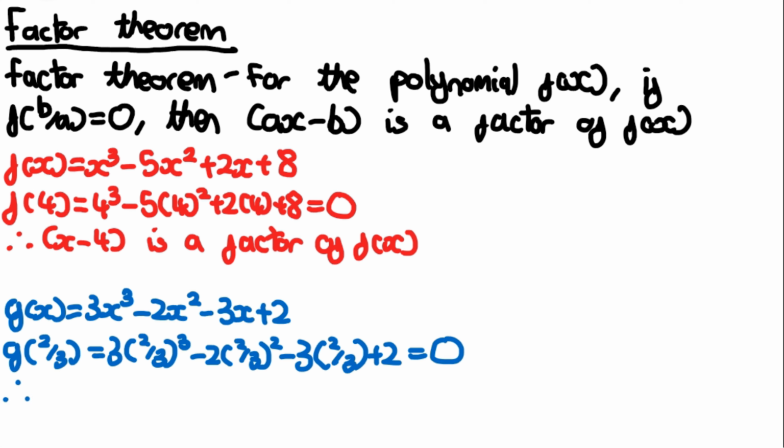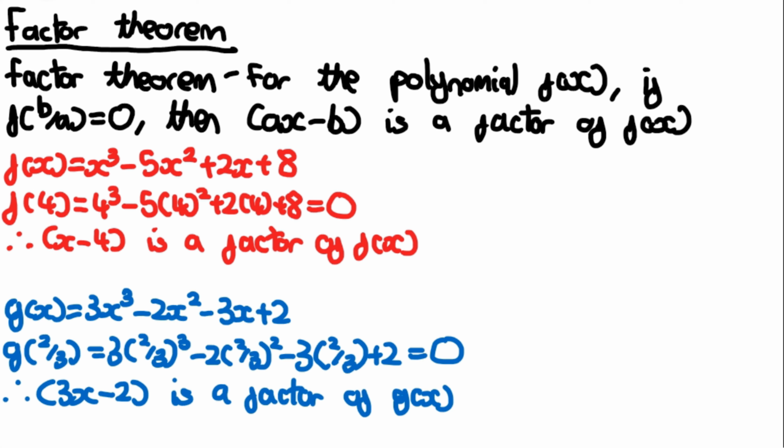So therefore, 3x minus 2 is a factor of g of x, again because it is the fraction 2 over 3, so b is equal to 2 and a is equal to 3, and then you sub it into this formula up here.